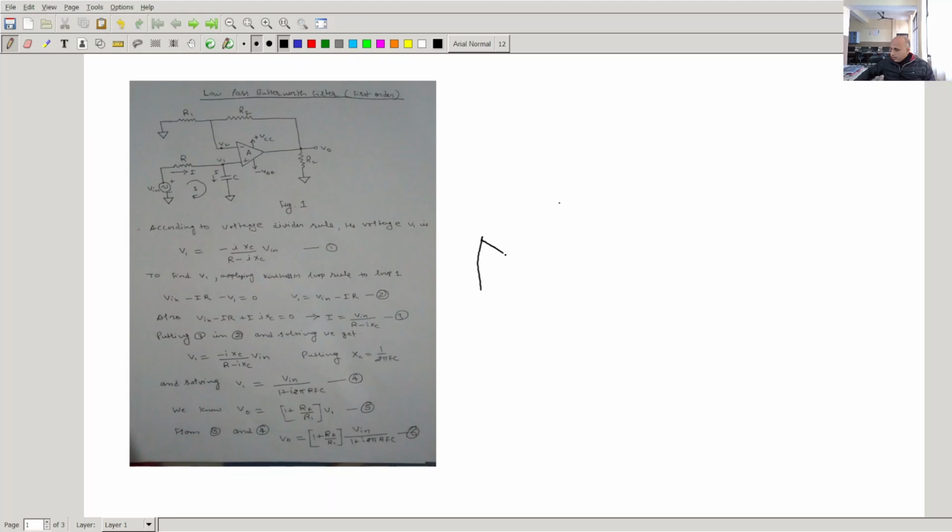So when we are using operational amplifier in non-inverting mode, negative, positive, right? And it is RF, and it is virtual ground, it is R1, right?